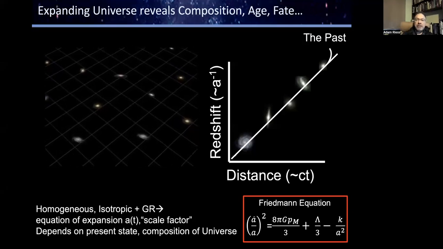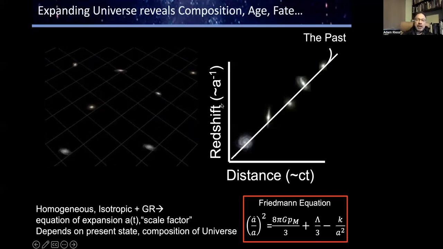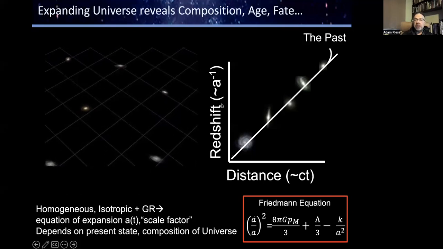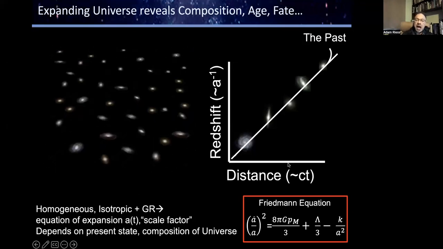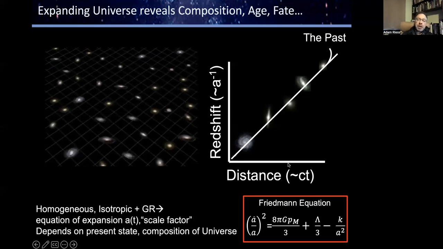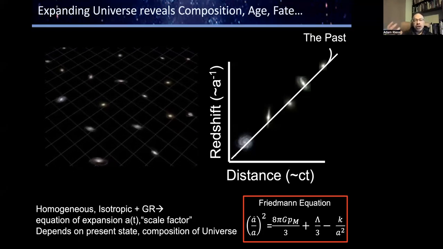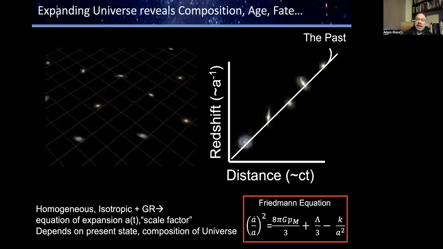So instead of A, the scale factor, we observe or measure redshifts of distant galaxies. And instead of measuring the time to which we are looking, we measure distance. And through knowledge of the speed of light, we can relate that to time.